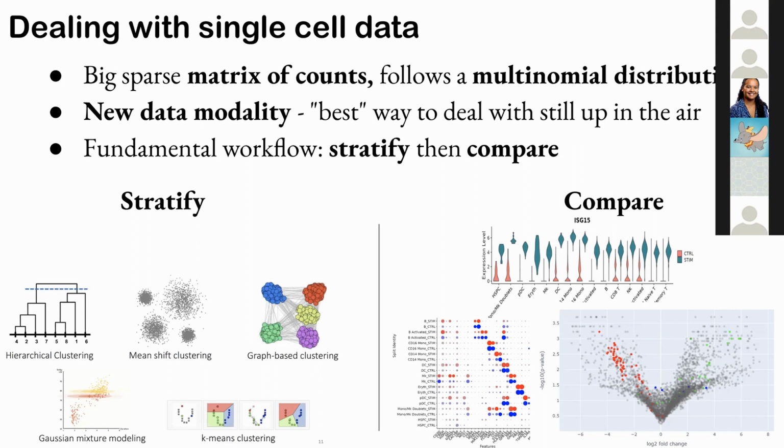You want to see what is different between them, which genes are going up or down, and then dig deep into the biology, because this part is the computational workflow, but digging into the biology is really where the really interesting stuff is.